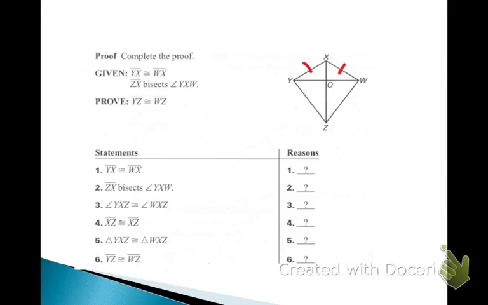Eric. Number one, first thing. What is usually the first thing? How do we know it? Given. So first thing is given. What about ZX bisects angle YXW? Gage? It's given. Good.